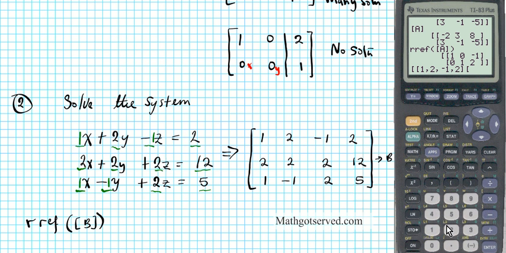Open the second row: 2, comma 2, comma 2, well, a lot of 2's, comma 12. Close the second row, and open the third row: 1, comma -1, comma 2, comma 5. Close the third row, and don't forget to close the entire matrix.